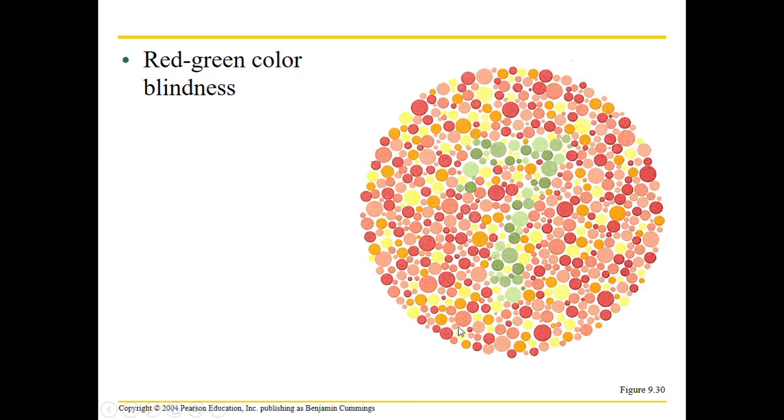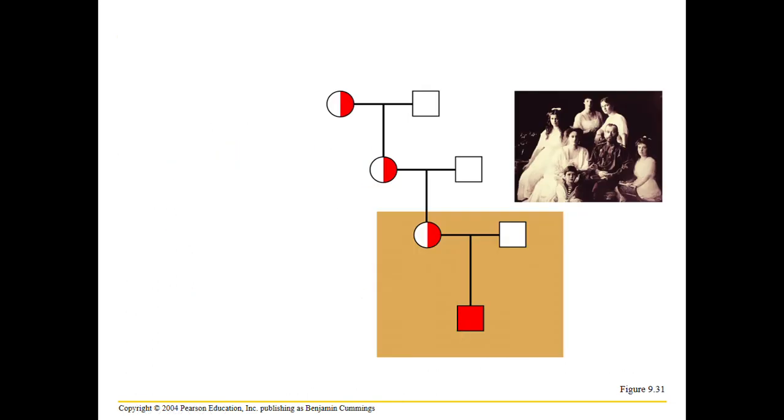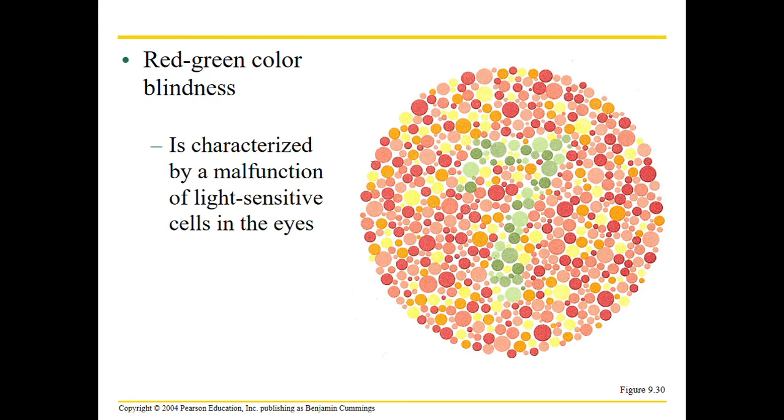So to put this into perspective, one example is color blindness. So one example of an X-linked or sex-linked gene. We have cone proteins in our eyes that take in color and tell us about it. So light-sensitive cells, those are those cones in our eyes.